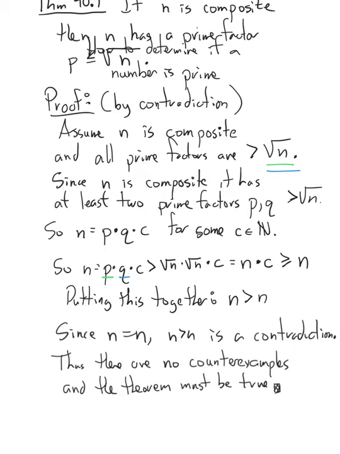So, let's move on. Let's use this now. It's most useful in the following form, in its contrapositive form. So the contrapositive of theorem 40.1, we don't have to reprove it. Contrapositives are logically equivalent. But let me just write it.